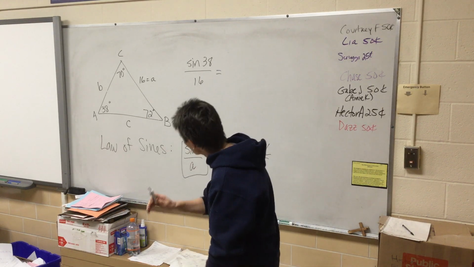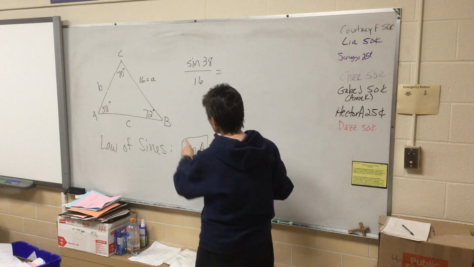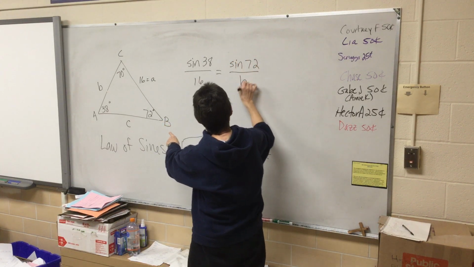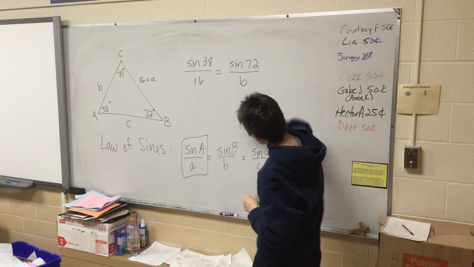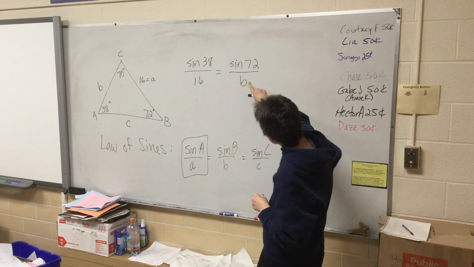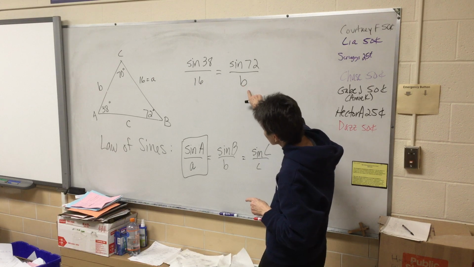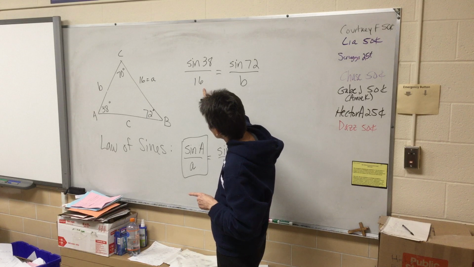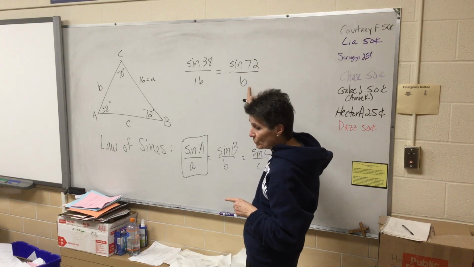I could do C, but I can only do 2 at a time, so I'm going to go ahead and do B. And I'm going to say sine 72 over B. So I want you to look at my law of sines and look at what I wrote, and does it make sense? Sine 38 over 16 equals sine 72 over B.